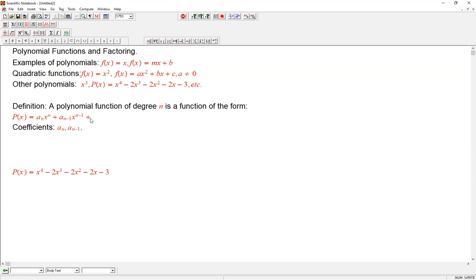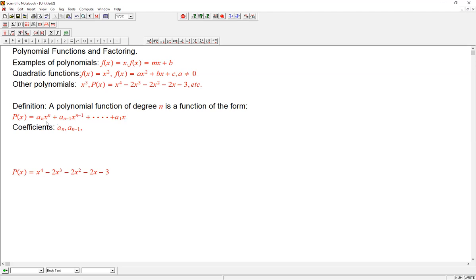We keep going all the way to a sub 1 times x to the power of 1. Of course, for x to the power of 1, we don't have to write the exponent.